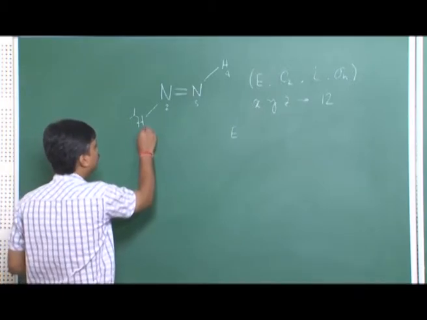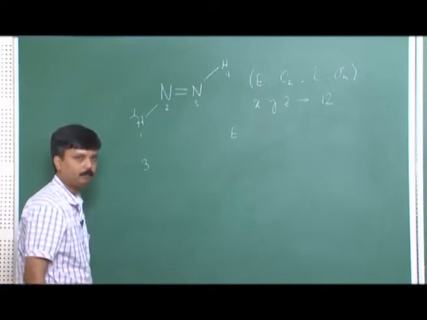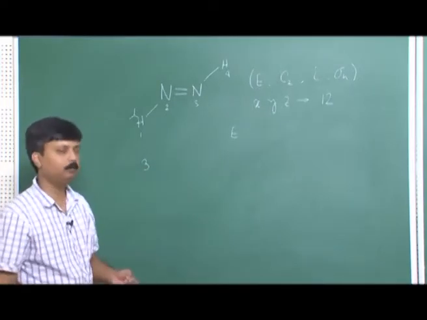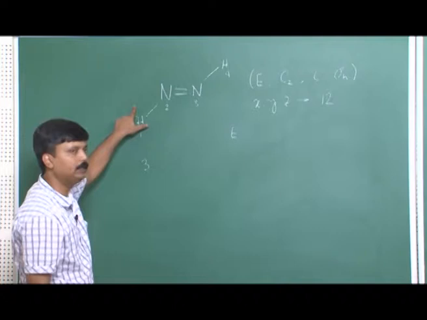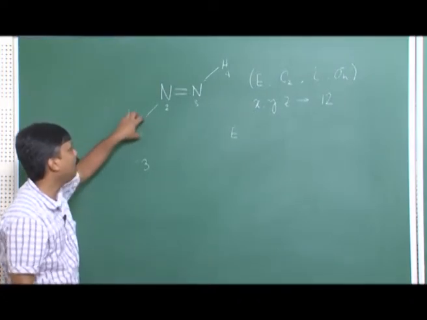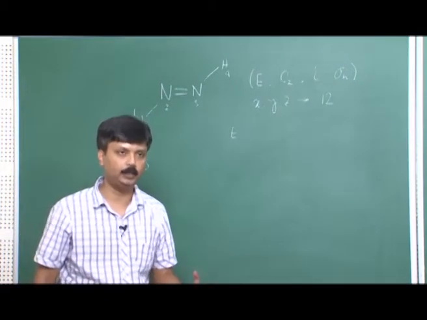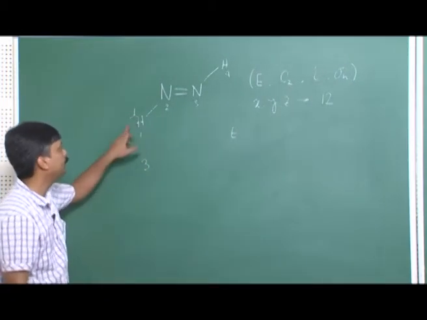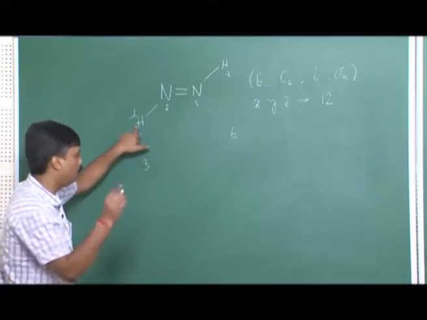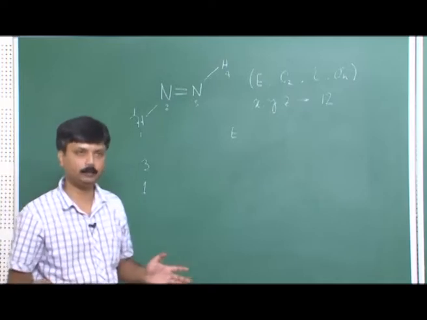From this hydrogen atom I will get a contribution of 3 to the overall character, because x1 is giving 1, y1 is giving 1 and z1 is giving 1. Suppose I had the 1s orbital as my basis function here instead of x, y, z, then that would contribute a character of 1 to the overall character of the representation.